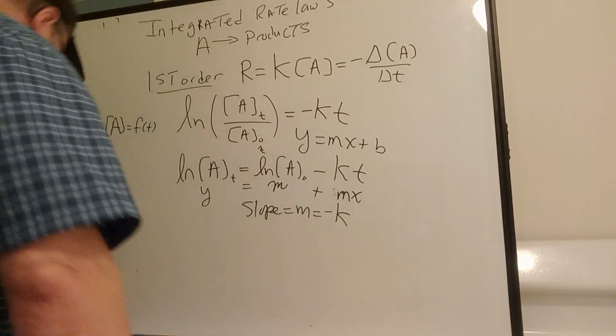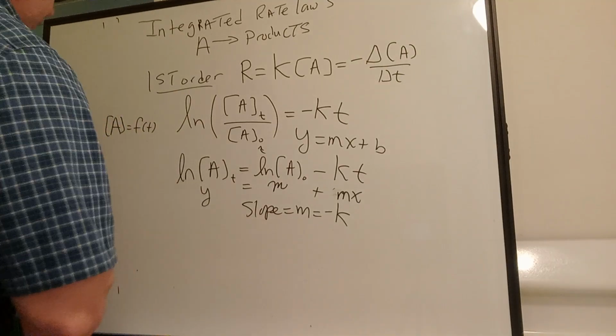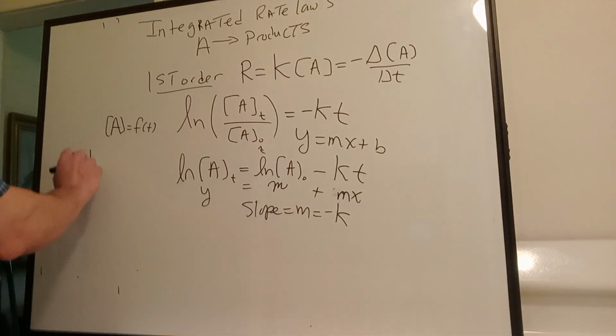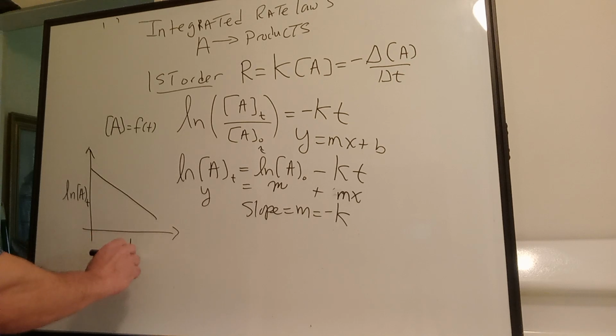So how do we interpret this? Let me erase a little bit, or I could use this side of the board over here. What we have is, if we plot this as ln of A sub t on the y-axis, and this axis over here will be time t. What the units are will depend on the problem.